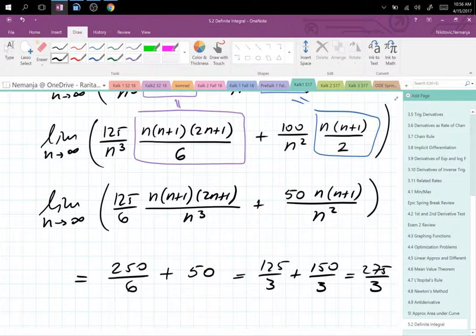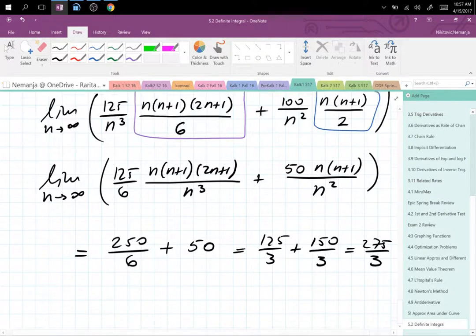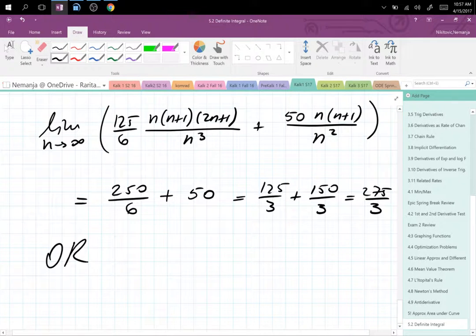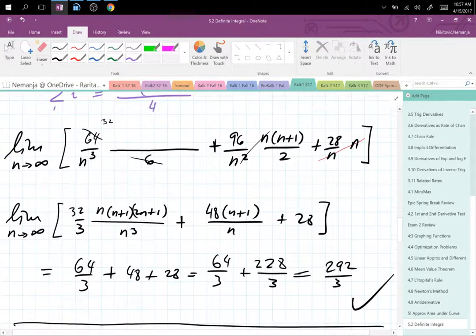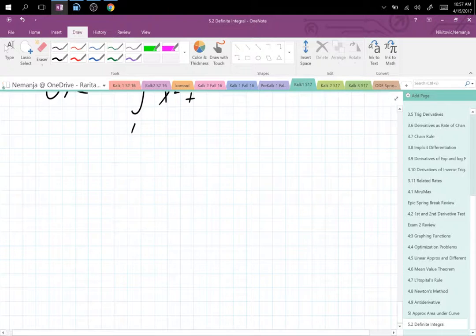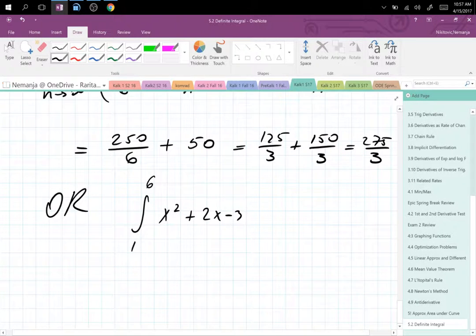You've seen it the first time, and now you've seen it again, and the cool thing is that you don't have to worry about this anymore. Because now we just do the better way: the integral from 1 to 6 of x squared plus 2x minus 3 dx.